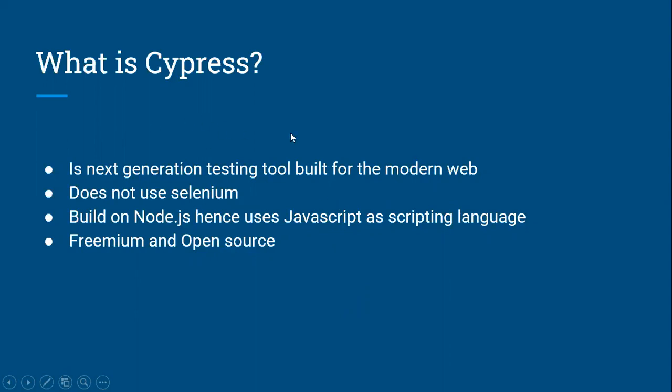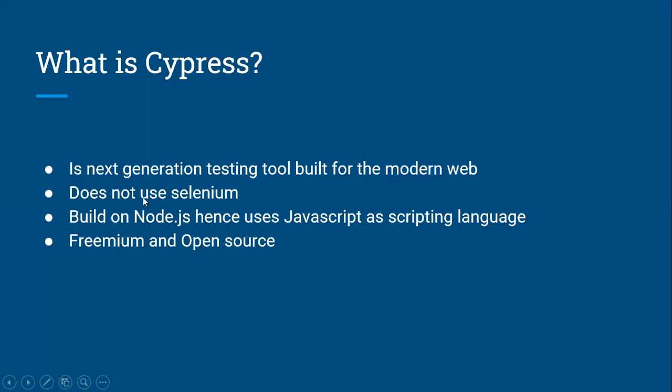So what is Cypress? The first one, Cypress is the next generation test tool built for the modern web. Nowadays, some websites use Angular or React. So Cypress is built to test those modern websites, but Cypress also works really well with all kinds of websites.